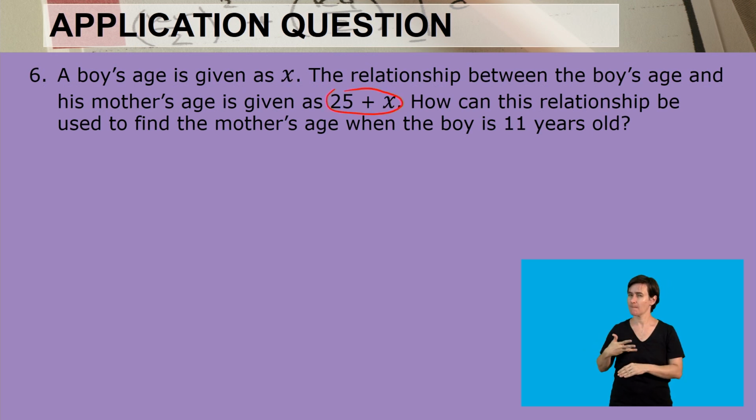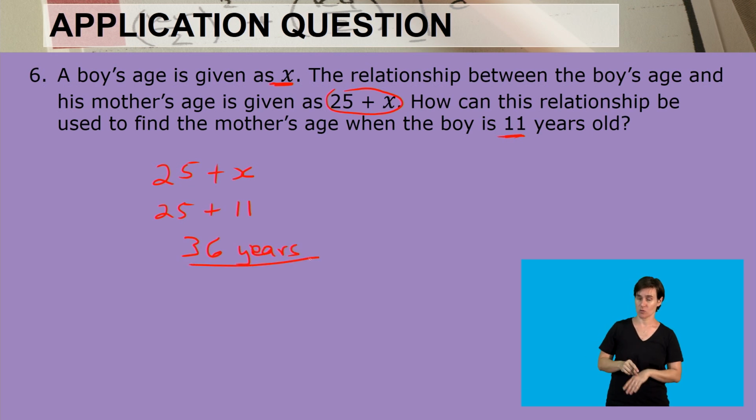We are given that the mother's age is 25 plus X. The boy's age is X, so when he is 11, it means that it would be 25 plus 11, which gives us 36. So the mother's age would be 36 years old. The mother will be 36 years old when the boy is 11. Right, let's move on to the next one.